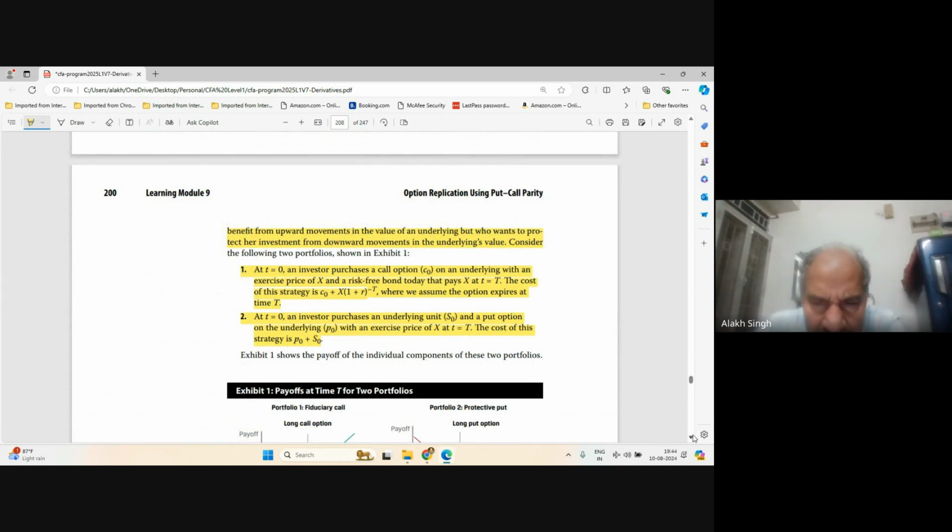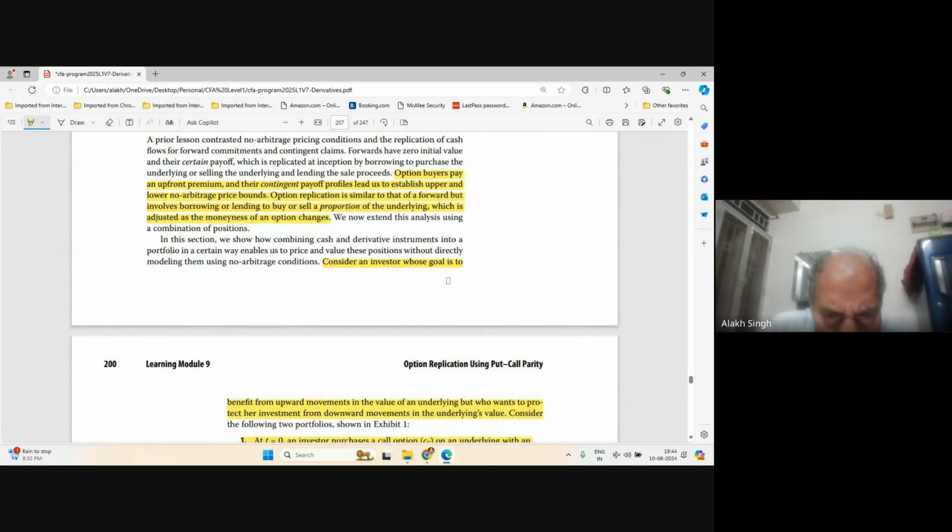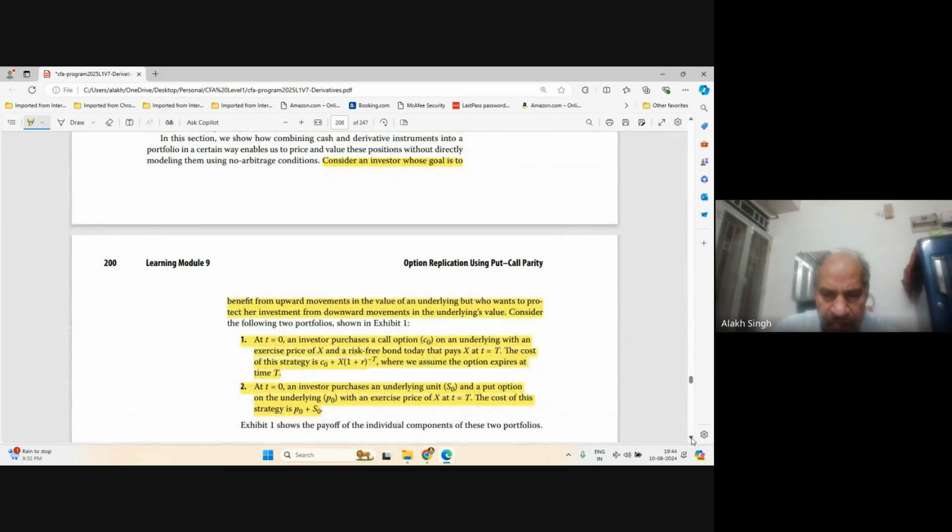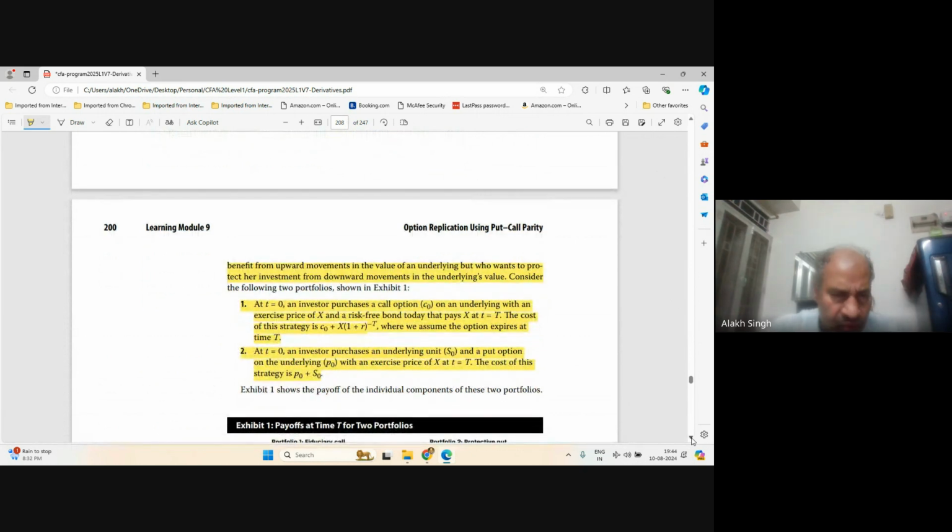So for put call parity, here we start with an example. Consider an investor whose goal is to benefit from upward movement in the value of the underlying, meaning he is expecting that the stock price will go up. But he wants to protect his investment from downward movement in the underlying value.